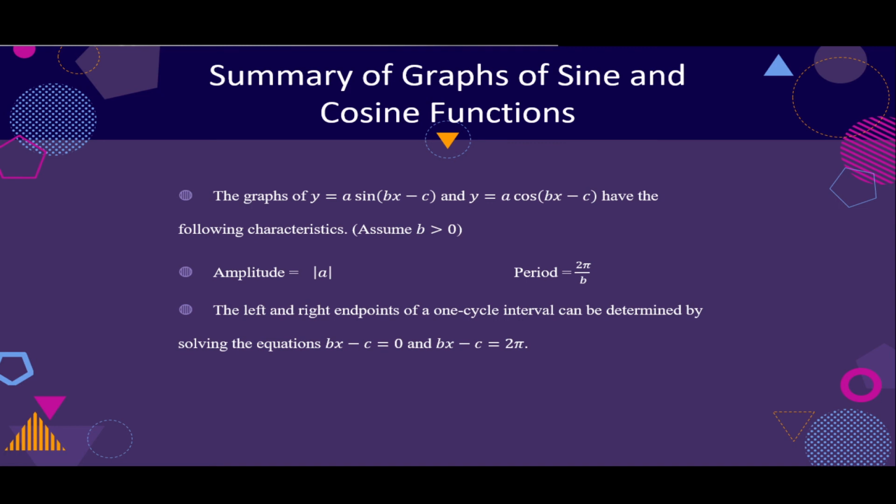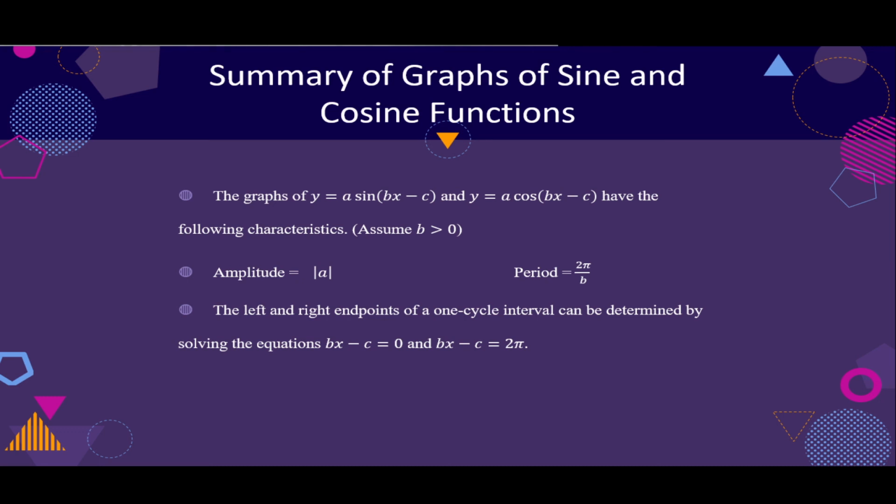Okay, this is the summary. The graphs y equals a sine bx minus c and y equals a cosine bx minus c have the following characteristics. Assume b is greater than 0. Amplitude equals absolute value of a, period equals 2 pi divided by b.